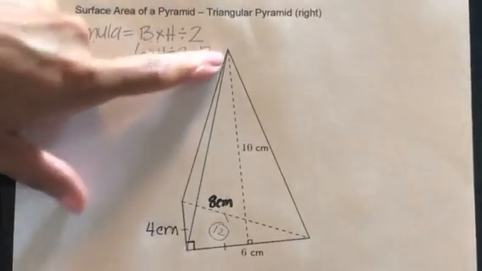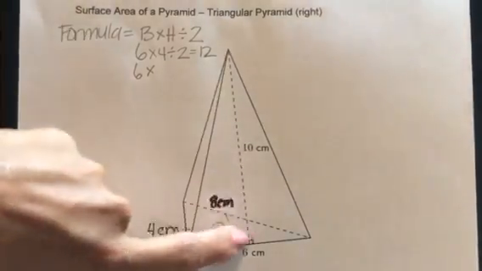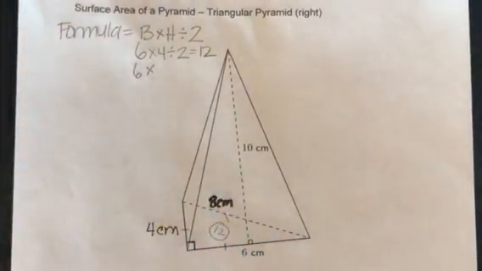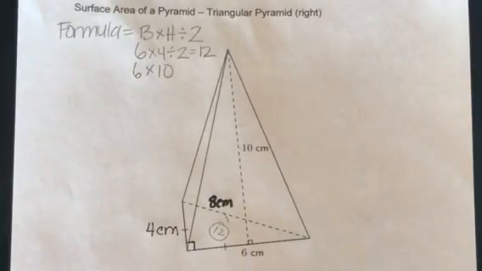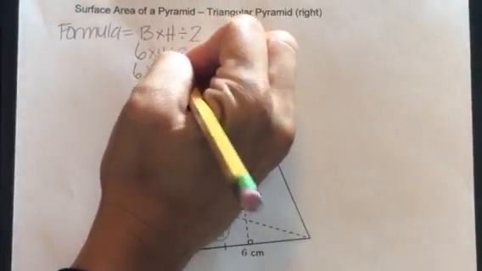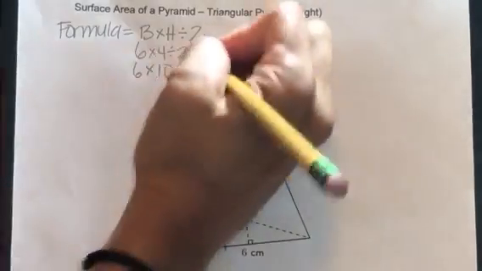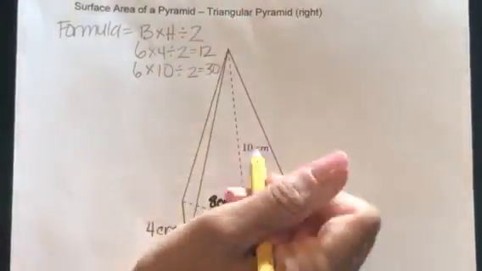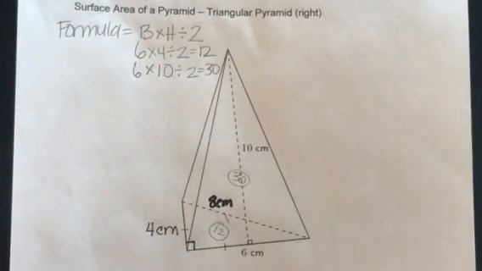So if you can see here, its drop down point, or its height, is going to be 10. So we're going to do 6 times 10 for the height, and then we're going to divide that by 2. And 6 times 10 divided by 2 is 30. So now I know that front face is 30.